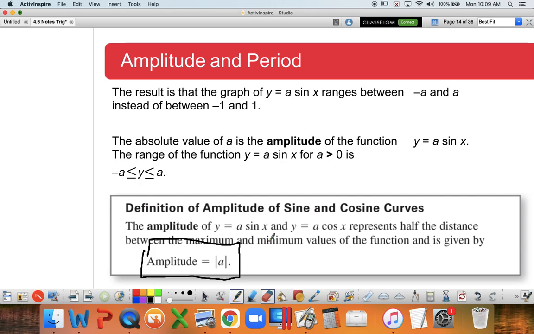Meaning, say your amplitude is 3, your sine curve is going to go up to 3, down to -3. So you're going to have 3 up here and then 3 down here. So really, your sine curve covers a whole 6 units, but you've got some going up and then some going down.